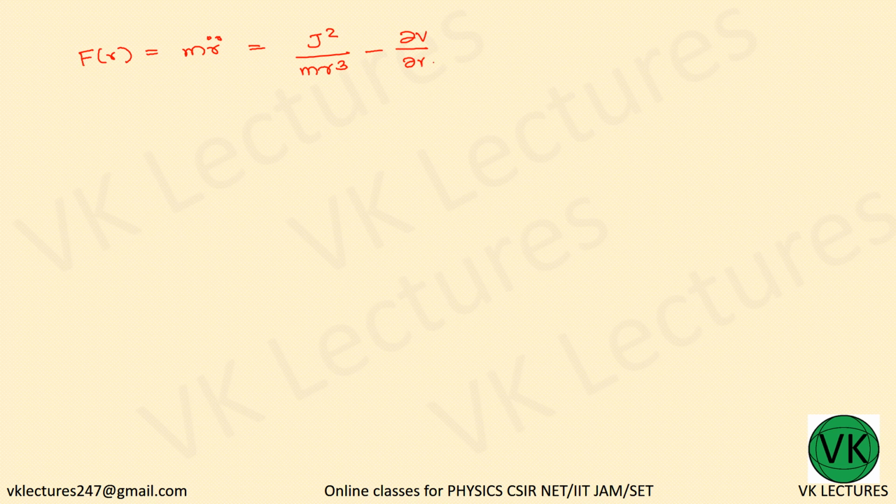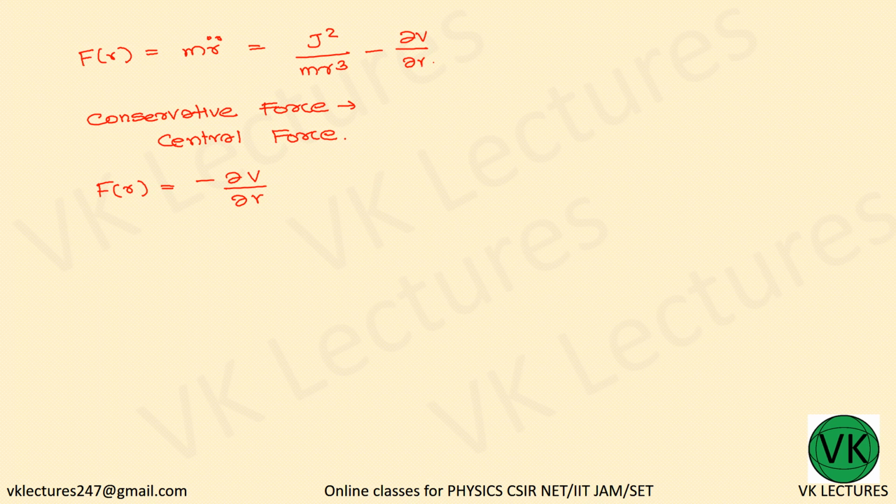Now since it is a central force, it is a conservative force, so central forces are conservative. Because it is a central force, we can write F of r is equal to negative gradient of potential, that is minus dou V by dou r. This can be written only if the force is conservative.